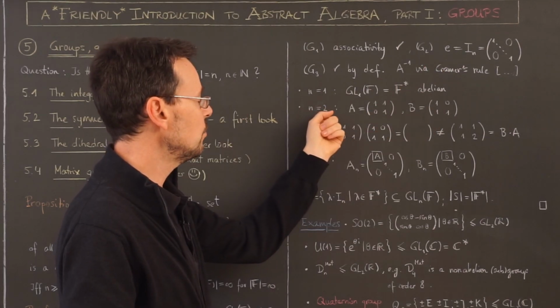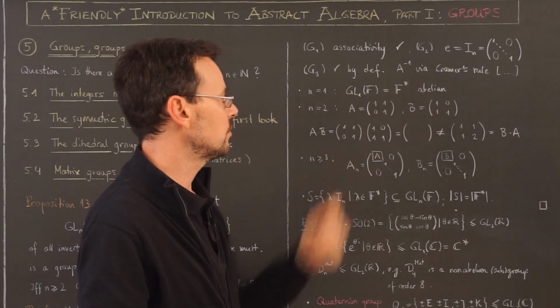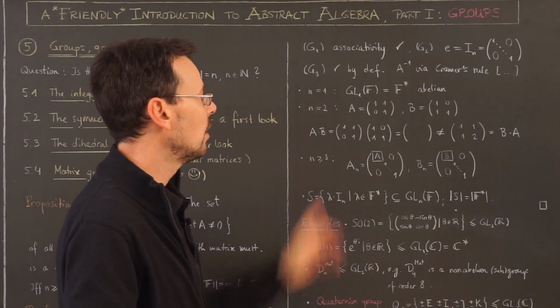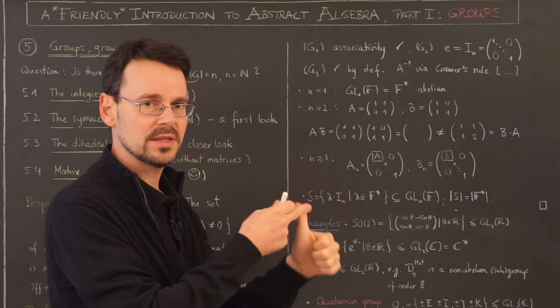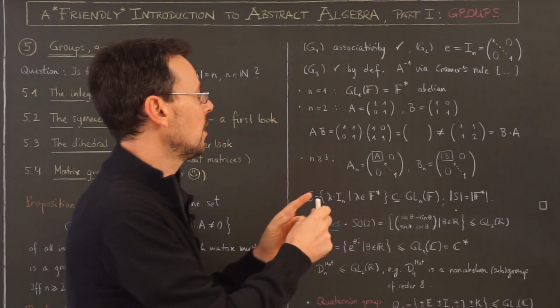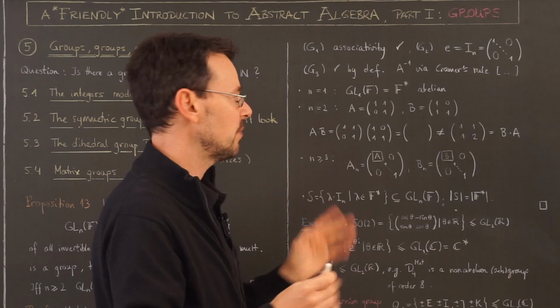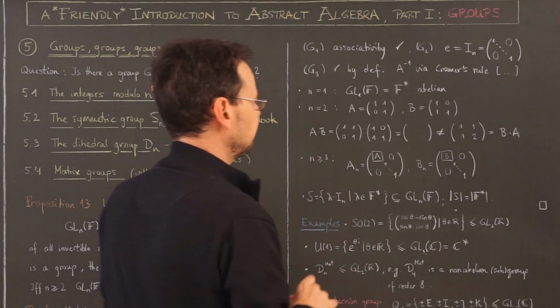Now if n is 2, we take these two matrices here, and they exist in any field, because any field has the elements 0 and 1. And now here's a quick reminder about matrix multiplication.